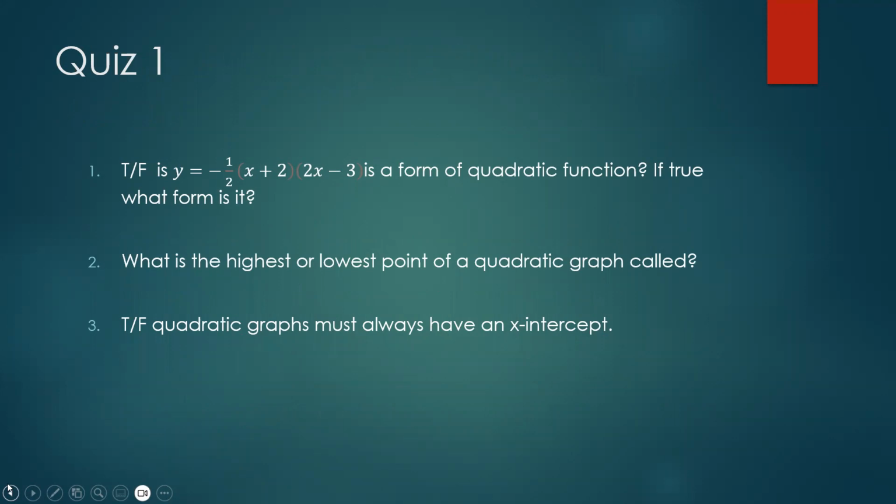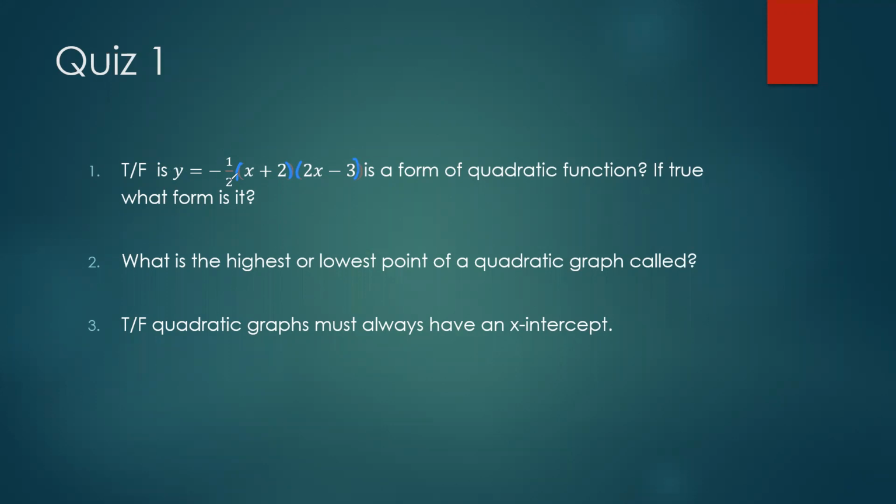Yeah, so let's start with number 1. True or false, y equals -1/2 (x + 2)(2x - 3). I don't know if you can see this, but this should be in parentheses. It's in red, so if you're a bit colorblind, let me write out the parentheses. So y equals -1/2 parentheses x plus 2 parentheses 2x minus 3 is a form of a quadratic function. True or false, and what form?